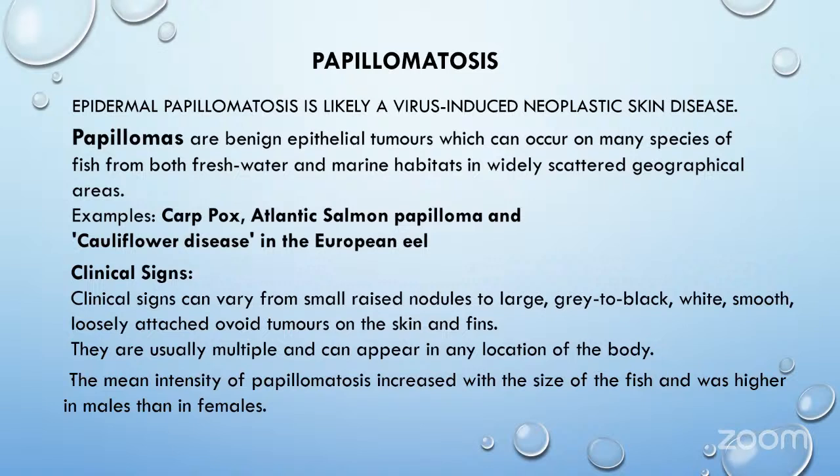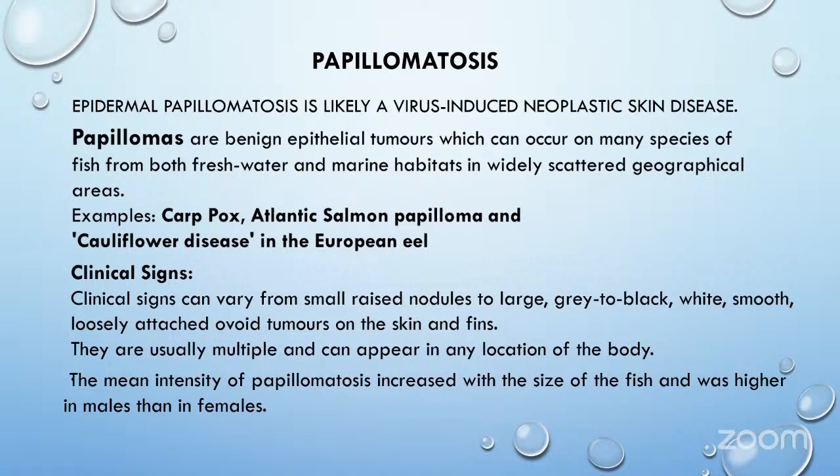Let us study the signs, that is, the clinical symptoms of this disease. These symptoms can vary from small raised nodules to large, gray to black or white, smooth, loosely attached ovoid tumors on the skin and fins. So oval shaped nodules, you will find them on the skin and fins.